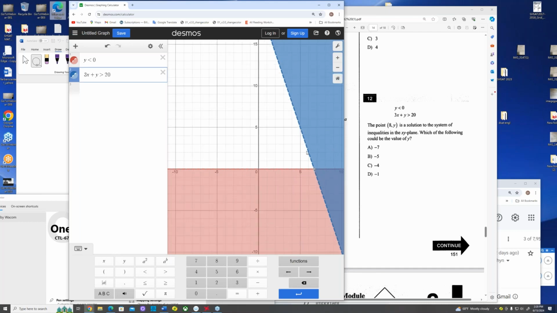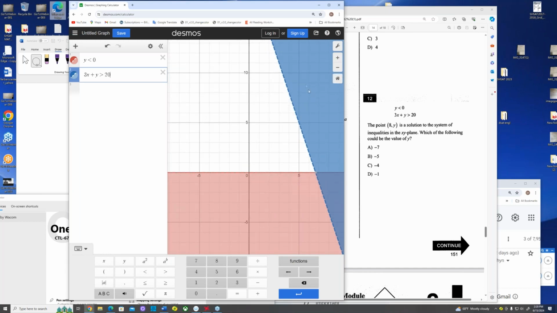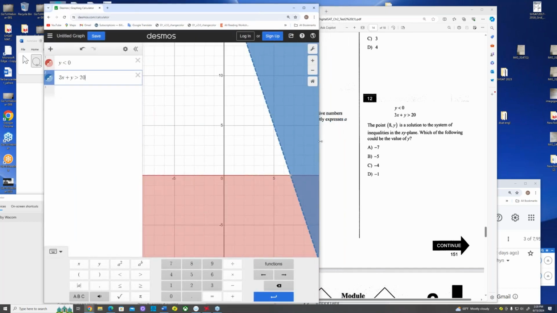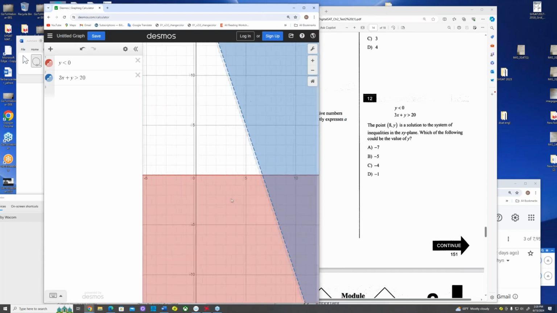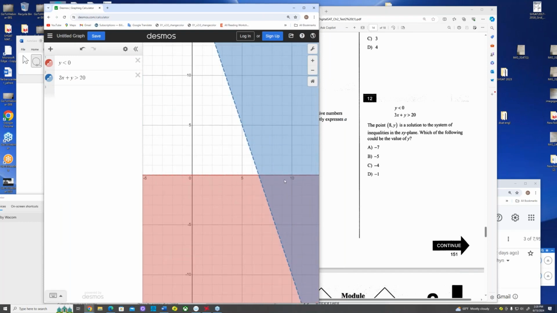So let me move a little bit here. 8. This is 5. This is 10. 5, 6, 7, 8. So this point is a solution, and this is the overlapping of two areas.